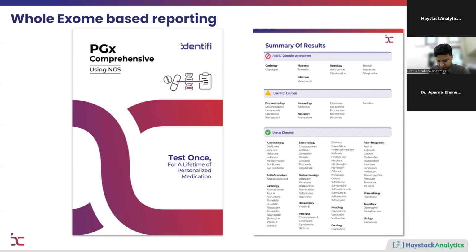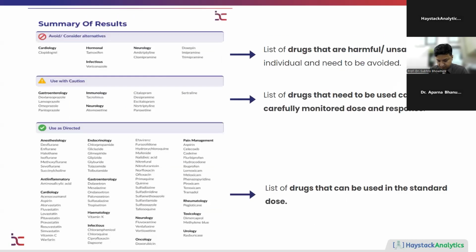The report that we've created is in a very succinct and linear fashion, which is very easy to understand. First of all, we've indicated the summary of results: which are the drugs which need to be avoided, which are to be used with caution, and the drugs which can be used as directed. This is again divided domain wise.